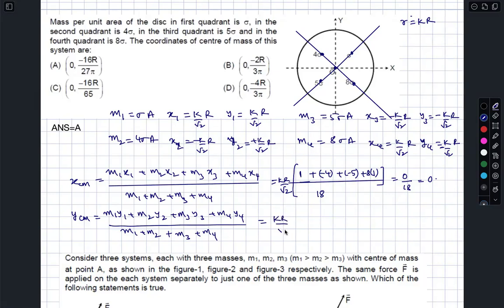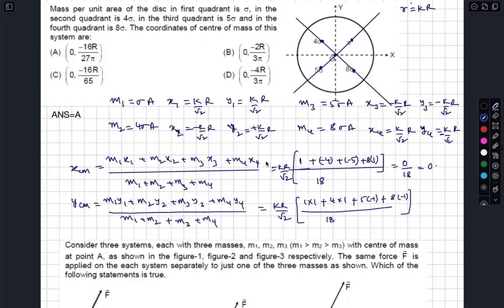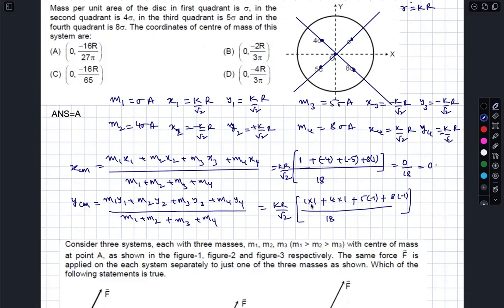KR by root 2 times the denominator 18. Now the numerator: 1 into 1 plus 4 into 1 plus 5 into minus 1 plus 8 into minus 1. What is this totally? 4 plus 5, 5 minus 5, minus 8, by 18.